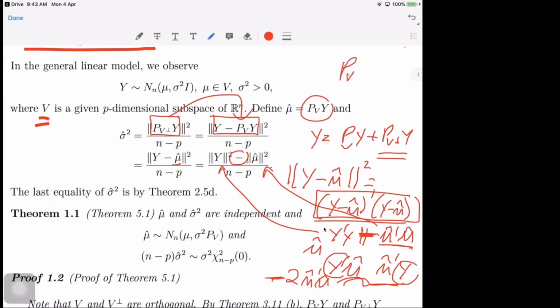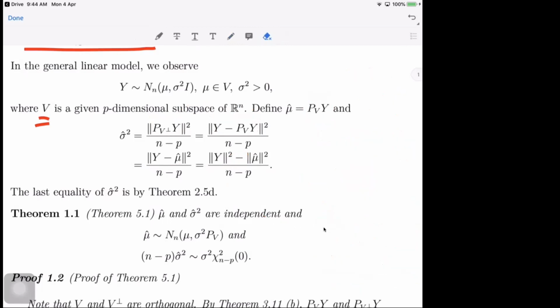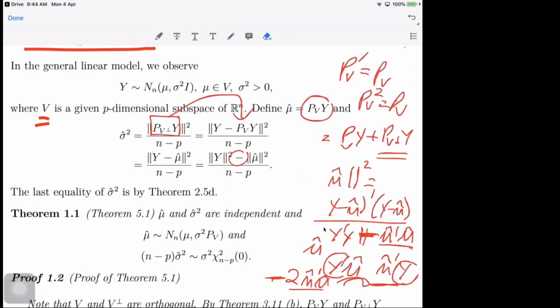Because you can always write the projection onto V prime to be equal to PV, and the projection squared is just PV. So you can always write that as minus 2 mu hat prime mu hat. You can discover that. Try to expand and try to get this quantity here.